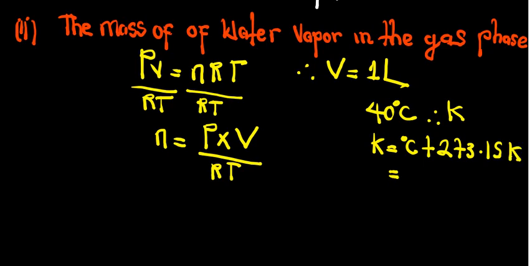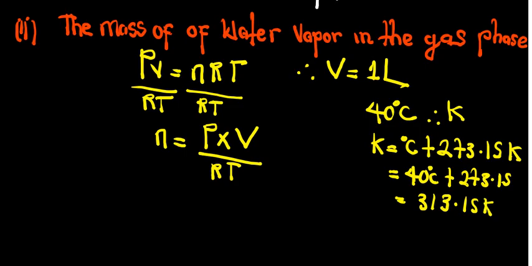It is 40 degrees Celsius plus 273.15. What temperature are we going to get? We are going to get a temperature of 313.15 K. Okay, that is the temperature that we're getting from there.